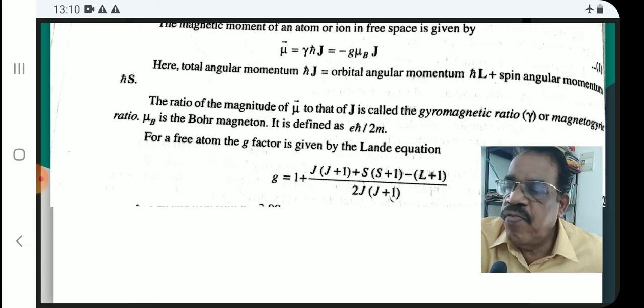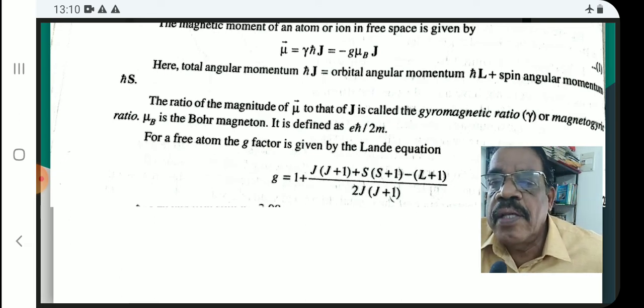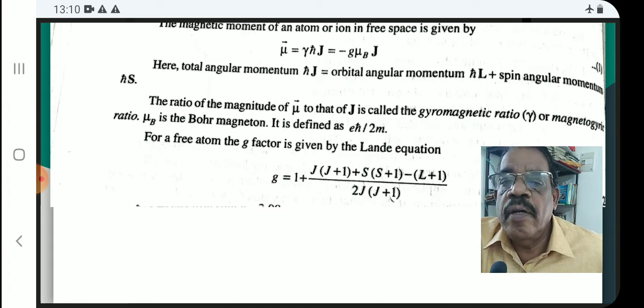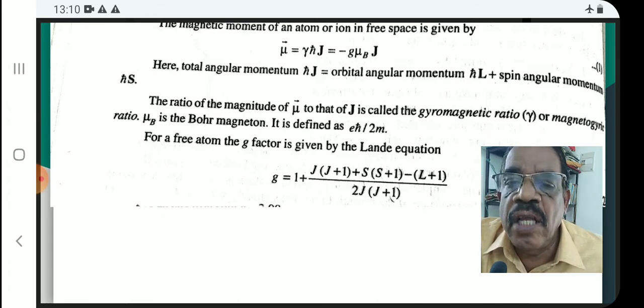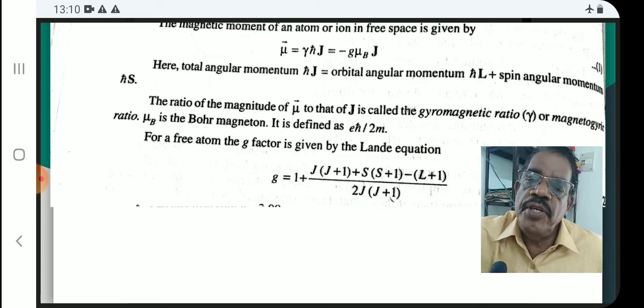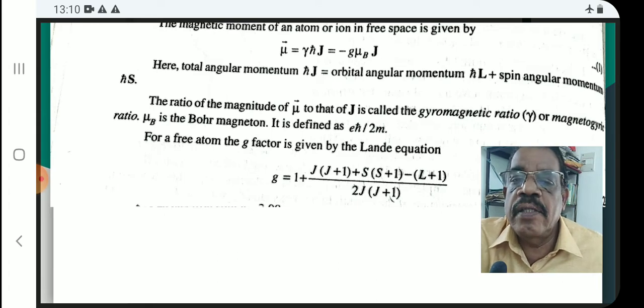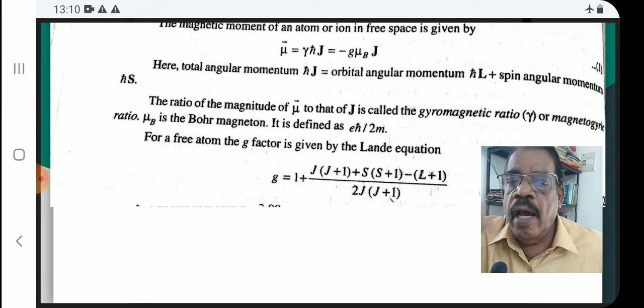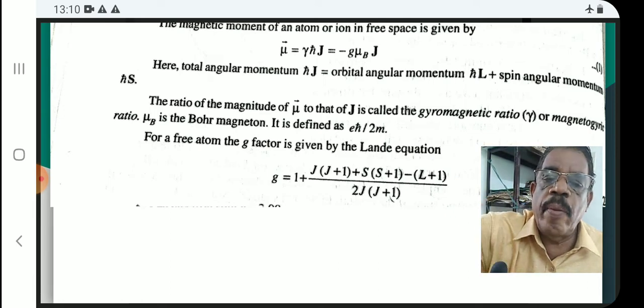Here L is the total orbital quantum number, S is the spin quantum number, and J is the total angular momentum quantum number.